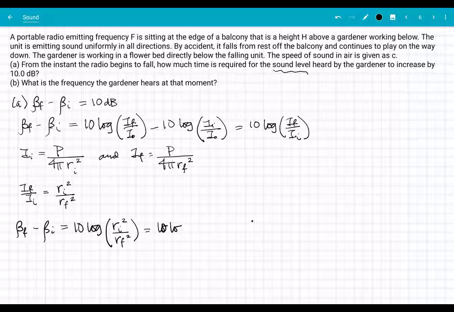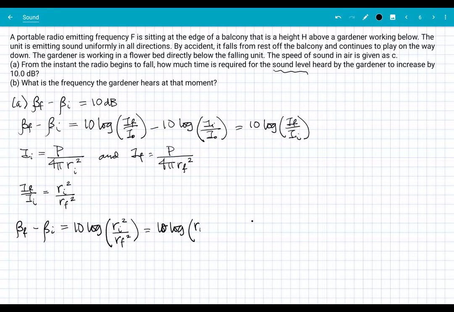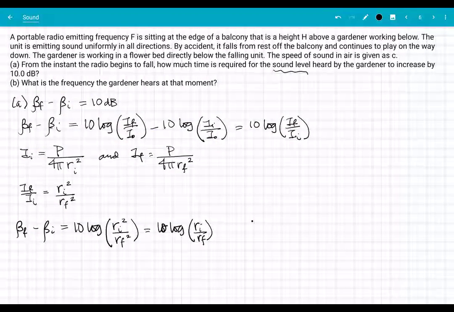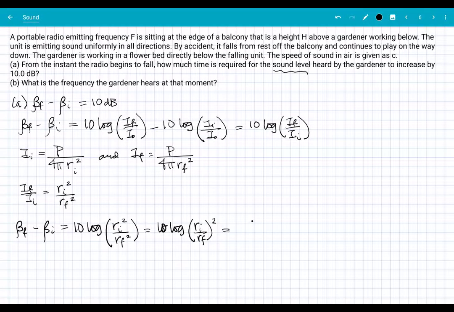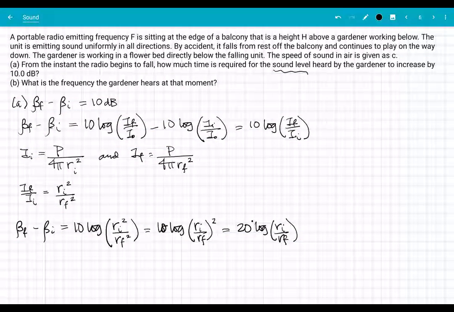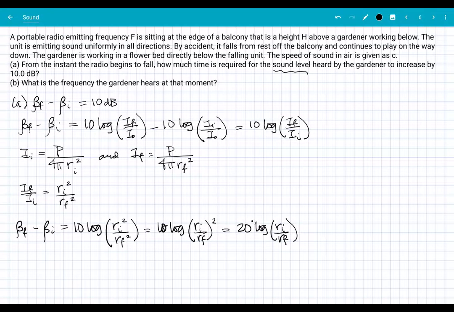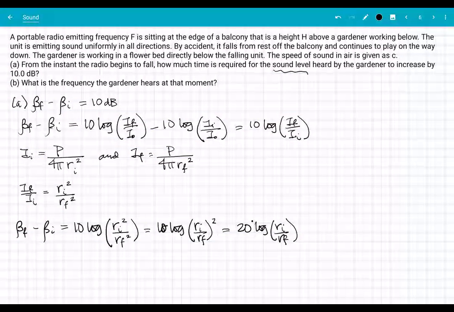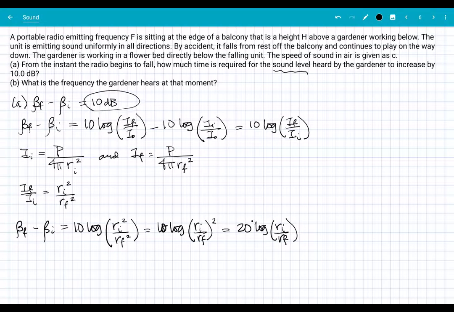Oops, 10 log of r initial over r final quantity squared, and by log rules, 20 log r initial over r final. All right, cool. So now I remember that this final minus initial was given as 10 decibels. Remember, we were given that in the problem.